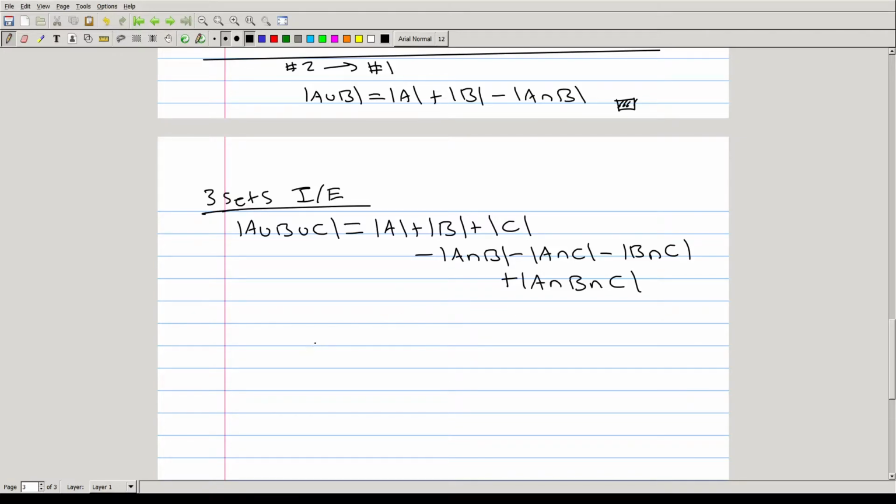But we will end up proving this extension in general using the method of induction a little bit later on.